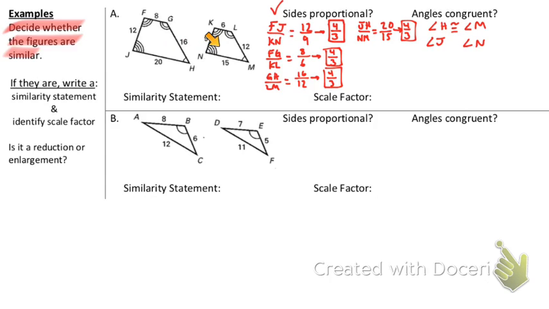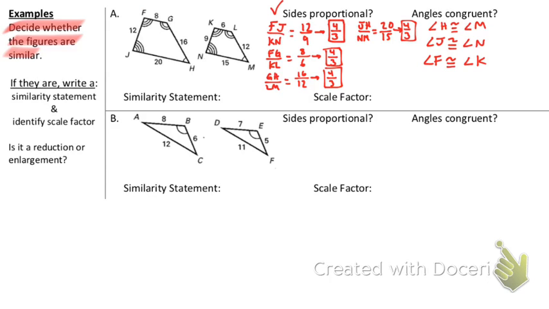Angle N has 4 arcs, which means they are congruent. So far so good. Now I'm going to go angle F. And angle F matches with angle K. Let's check if they're congruent. So the arcs tell me that they are congruent. They have matching arcs. So F and K are congruent.